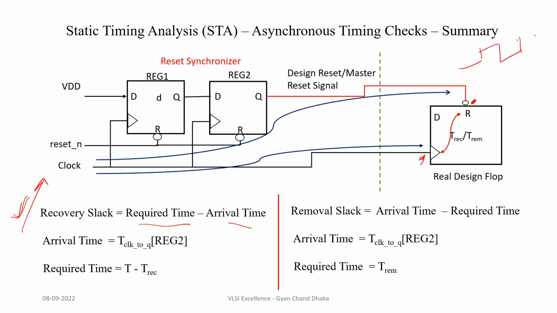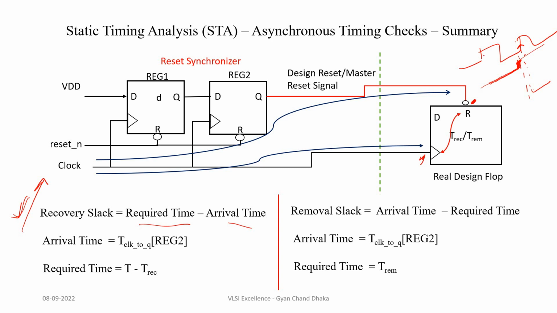If this is our clock signal, the reset de-assertion should happen before the recovery window. Suppose this is our recovery window, then the reset de-assertion should happen at or before this point, before this recovery window. So what is our required time?